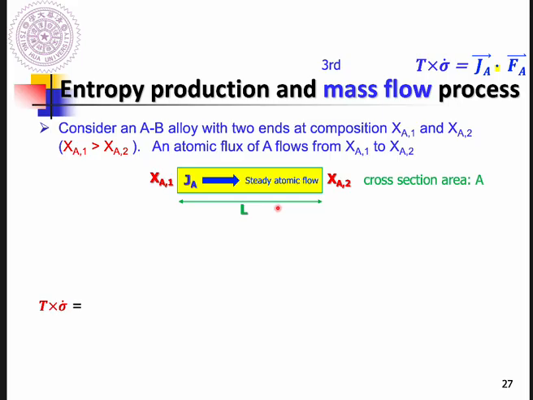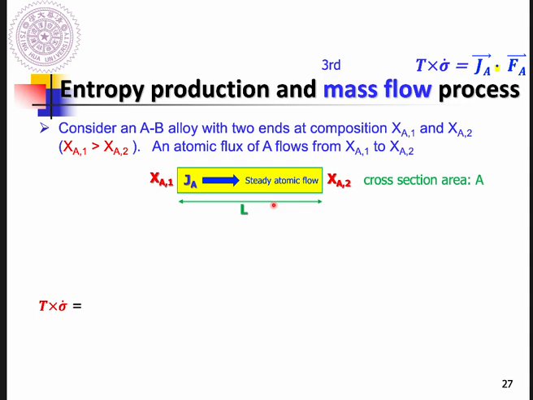But as you remember, the driving force is the chemical potential gradient. So there must be a relationship between the composition of A in A-B and the chemical potential difference, right? Do you remember any equation you learned before involving the chemical potential versus composition?